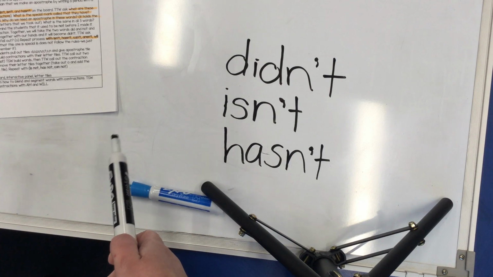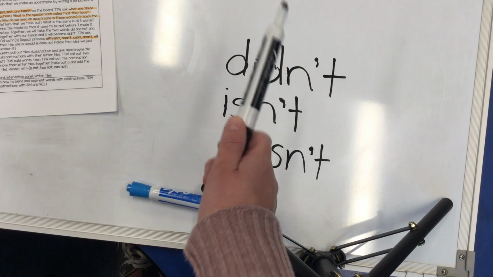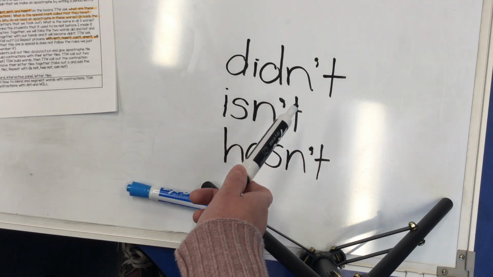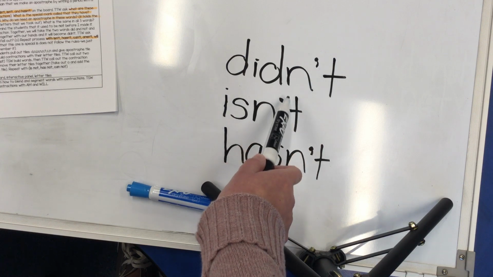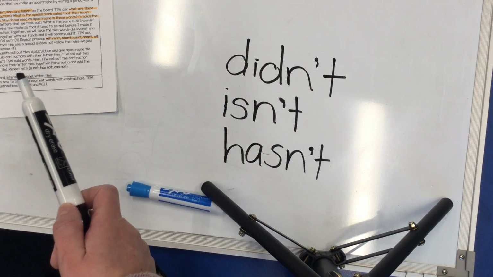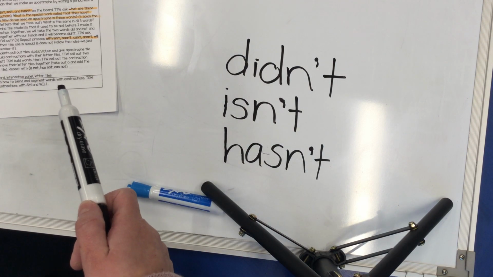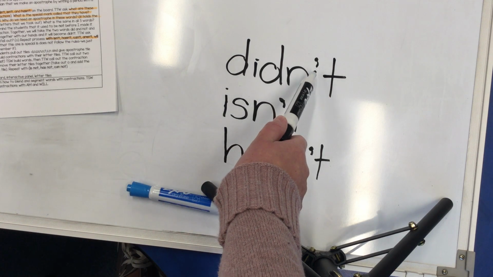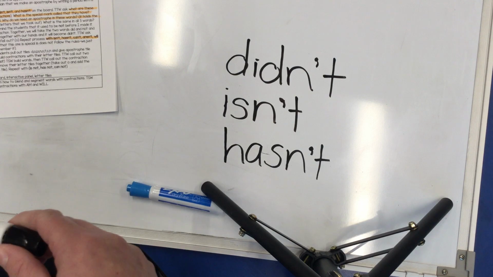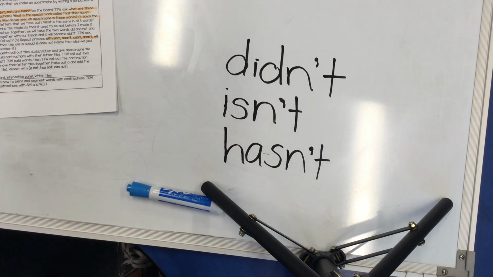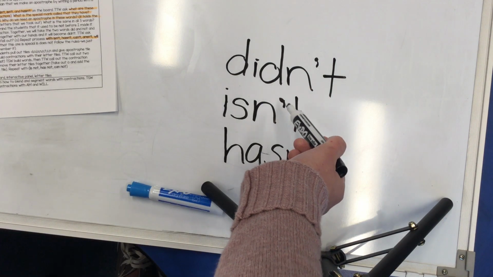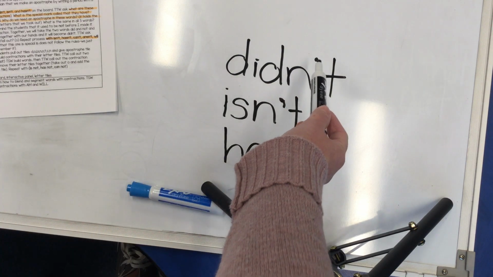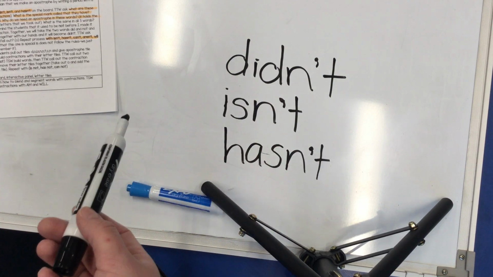They are called contractions. Okay, remember? What is the special mark right here? Do you remember what this is called? It's called an apostrophe. Remember? Now, why do we need this apostrophe in these words? Do you remember what I just went over? What do these special little marks do? It holds the place of the letters that fell out.